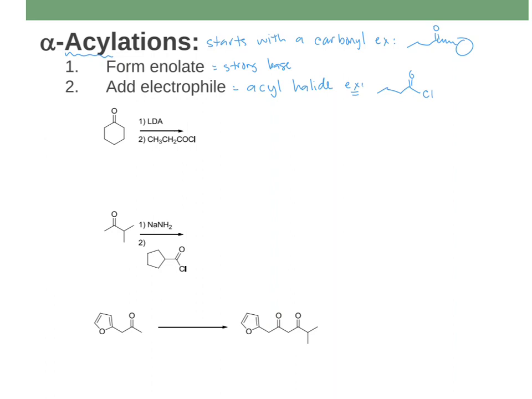And if we look at the mechanism down here, I'll do this first one. It's going to be really similar to the alkylations. There's not that big of a difference. Right, so I've got my big old LDA friend.